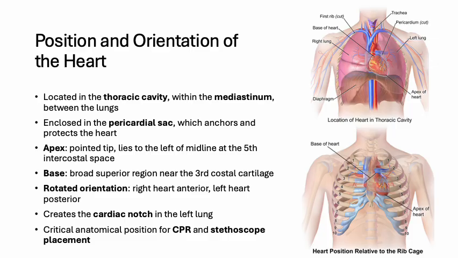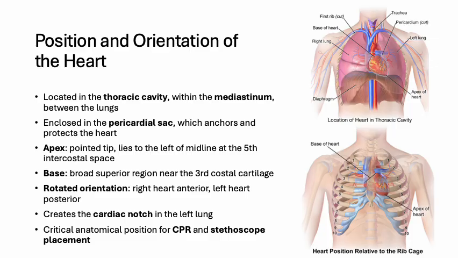and lies more posteriorly. Due to the rotated orientation of the heart, the right side of the heart sits more anteriorly and the left side of the heart is more posterior. This rotation is important to remember when reading imaging studies or performing physical examinations. Additionally, the left lung has a noticeable indentation known as the cardiac notch, which accommodates the position of the heart's apex.